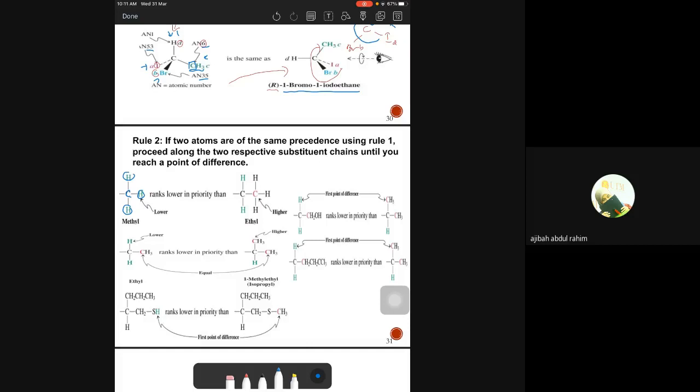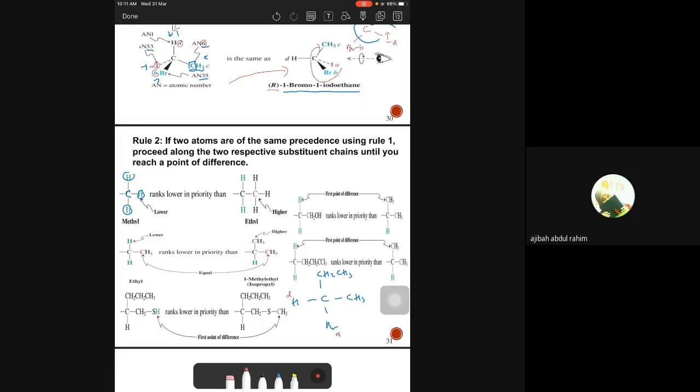But let me give another example. You have C with CH3, and this one is CH2, CH3, and this one has hydrogen and Br. According to the first rule, hydrogen will be D, the atomic number is 1, and bromine would be A, the atomic number is 35.